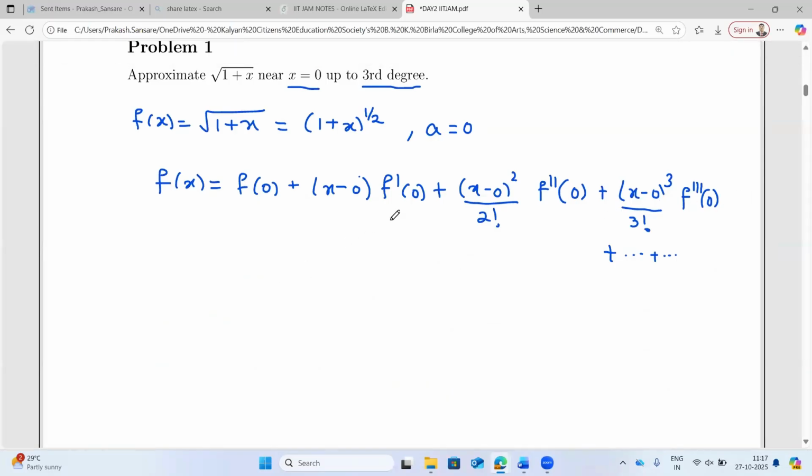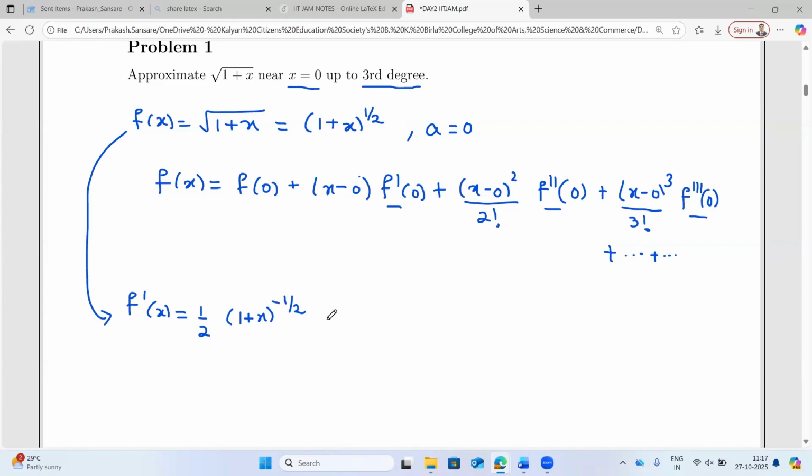Now let's calculate f dash at 0, f double dash at 0, and f triple dash at 0. I need to find f dash at x first. So f dash at x is basically half times 1 plus x power half minus 1, which is minus half.